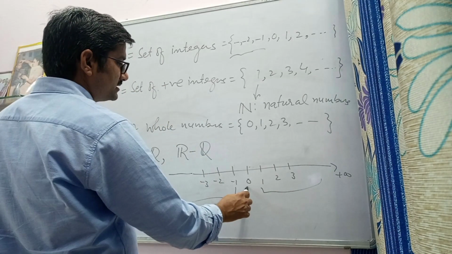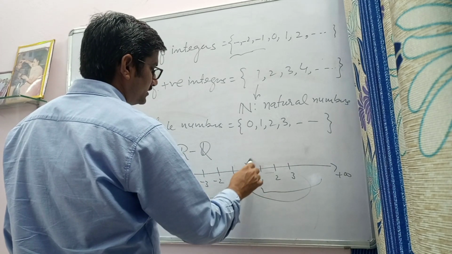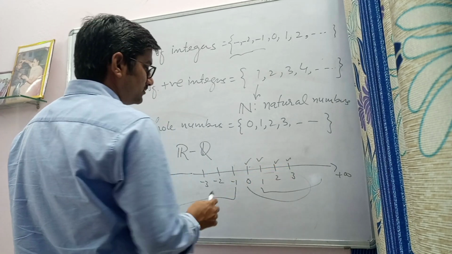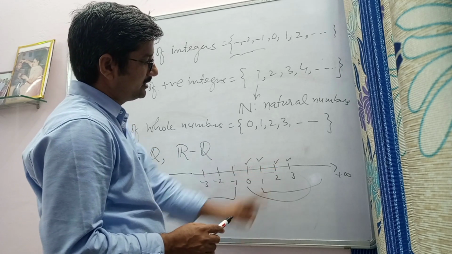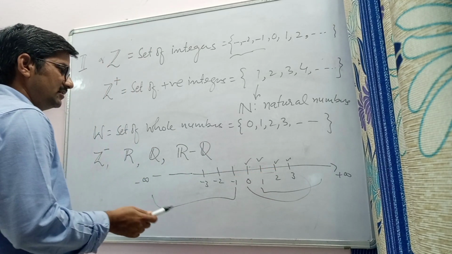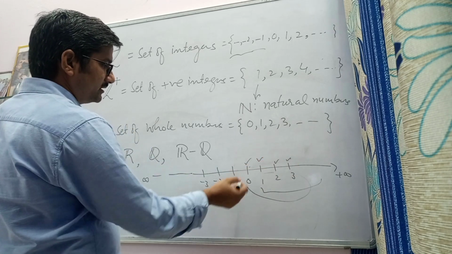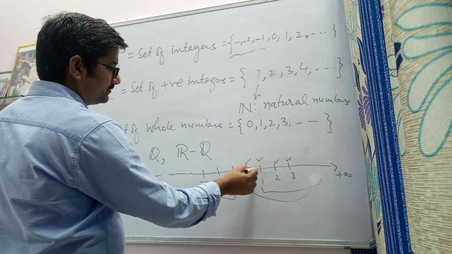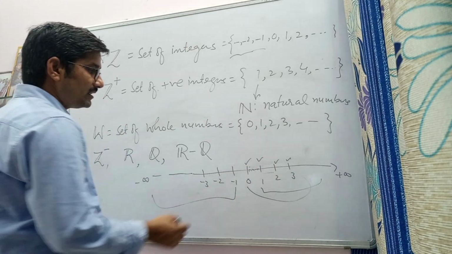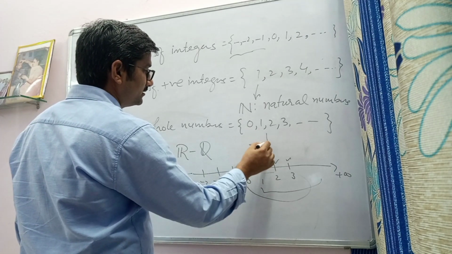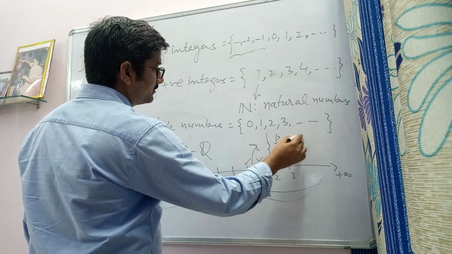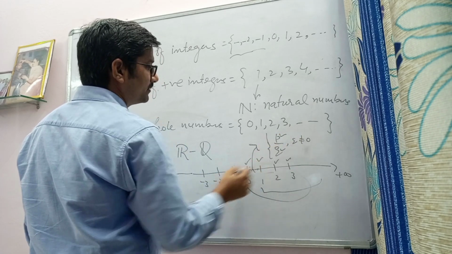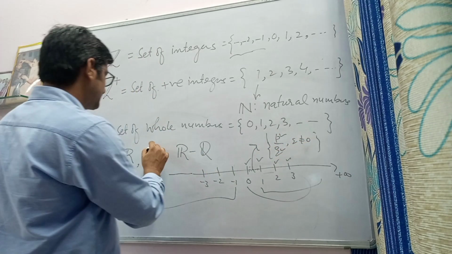If we include 0, these integers are discrete locations. They do not appear continuously, but there are some numbers between these integers. The numbers which can be written in the form p upon q, where q is not equal to 0 and p and q are co-primes, are the rational numbers.